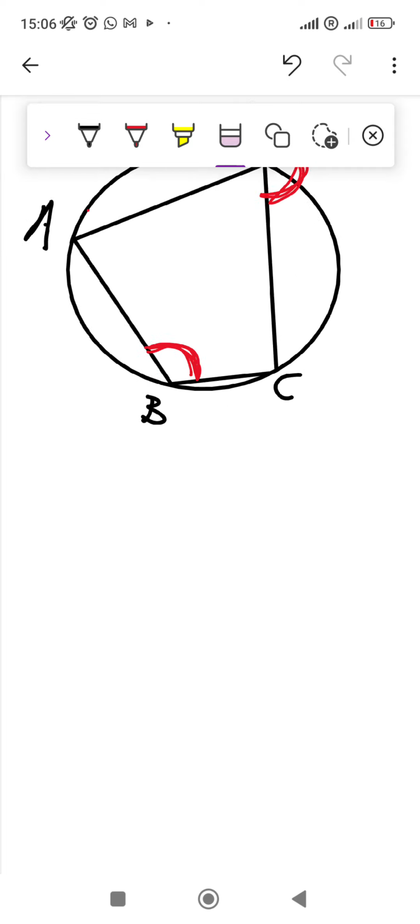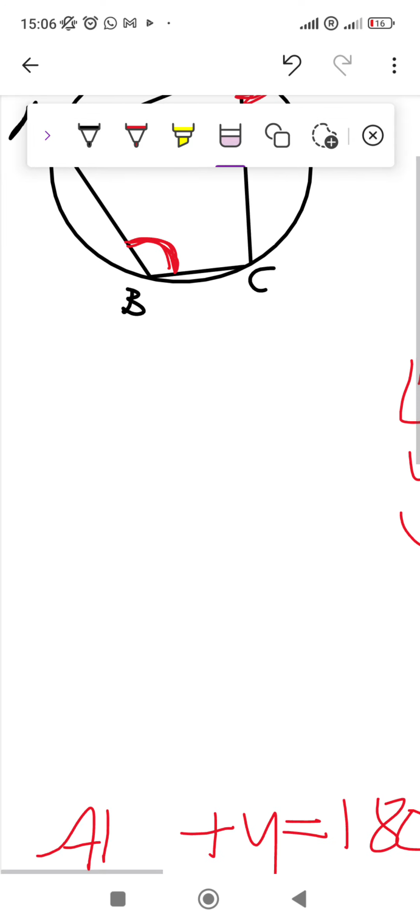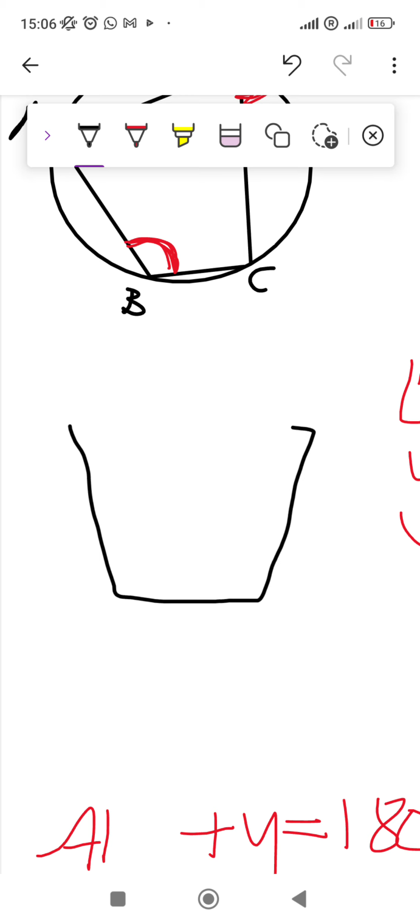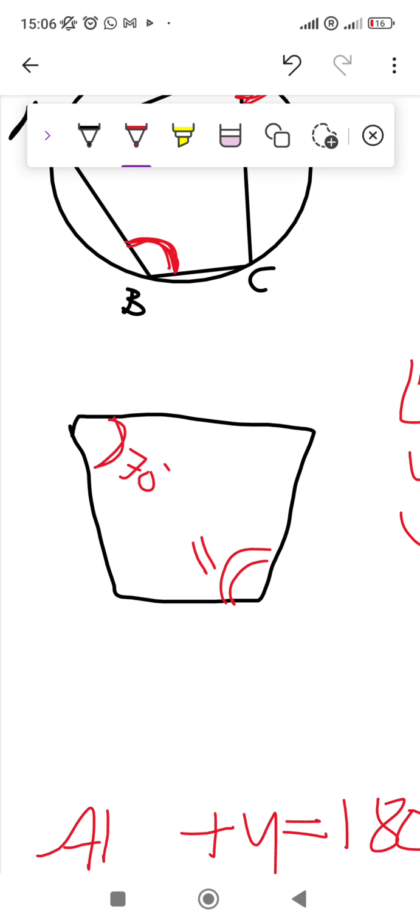Something that is going to be exceptionally important, and that is this. So I'm going to draw a random circle. Well, in fact, I'm not going to draw the circle. I'm going to draw a quadrilateral. So here's a quadrilateral. Now, if you can prove that this angle over here, whatever that one is, and this angle over here are supplementary, so let's put random numbers. Let's say if you can prove this is 70, and you can prove that this is 110.